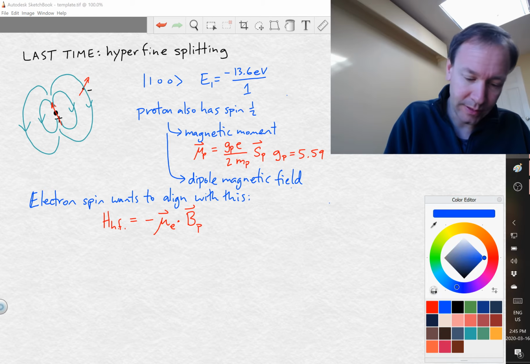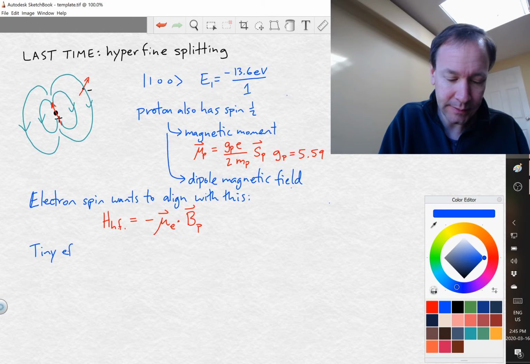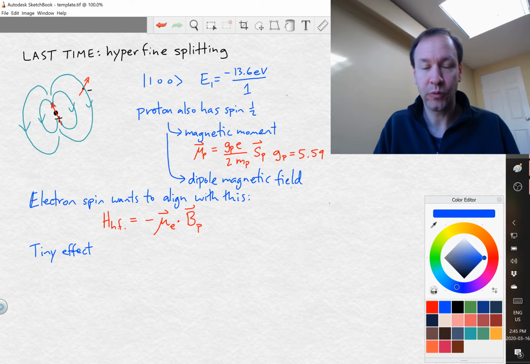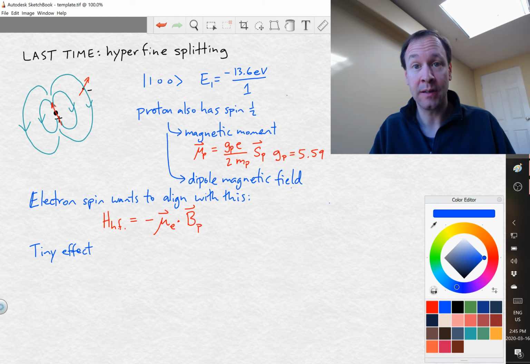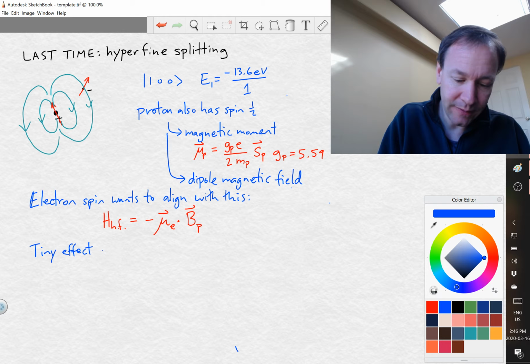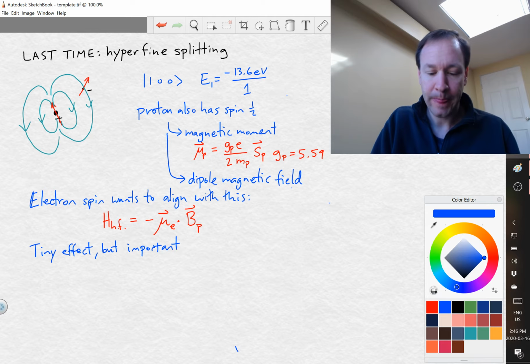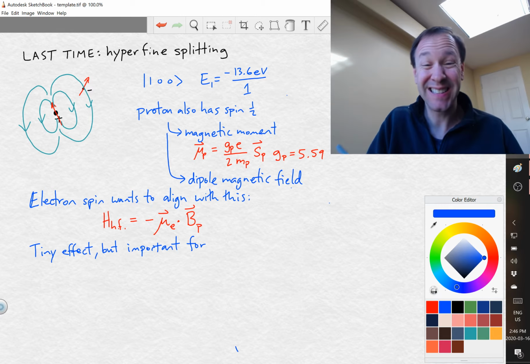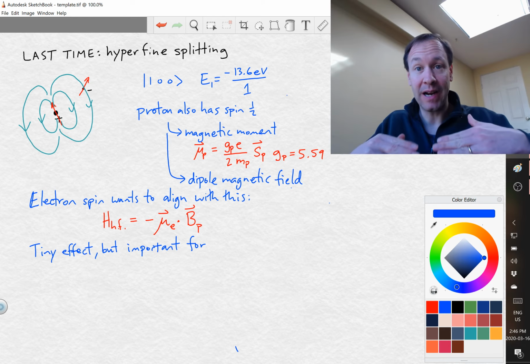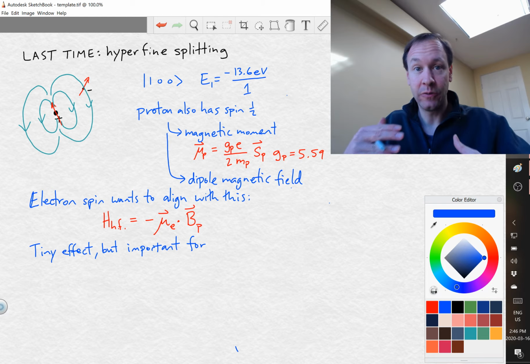Okay, so this is a sort of tiny effect. We'll see it's a very, very small effect in terms of the energy compared to the ground state energy, minus 13.6 electron volts. But it is very important because it splits the ground state energy into multiple levels.